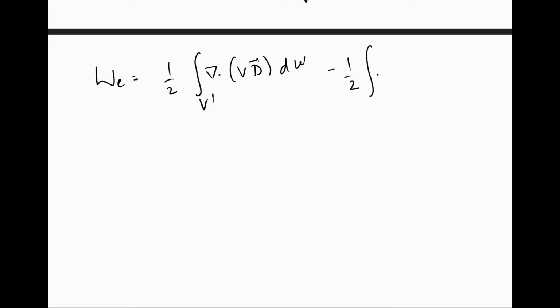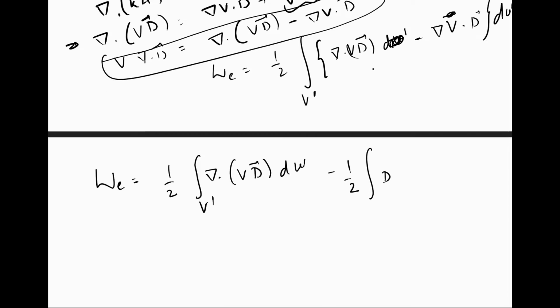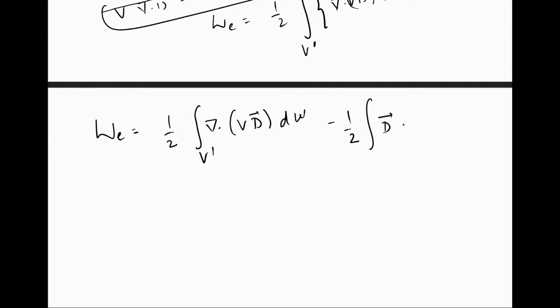So total energy is equal to half of the integral of del dot VD dV' over full volume V', minus half of the integral of D dot del V dV' over V'.